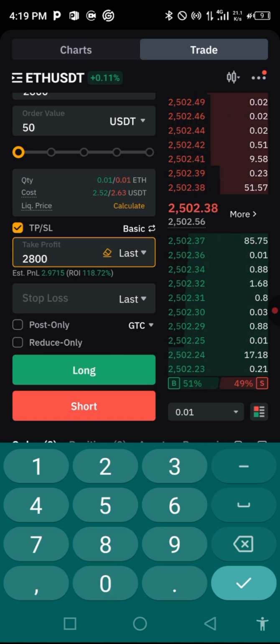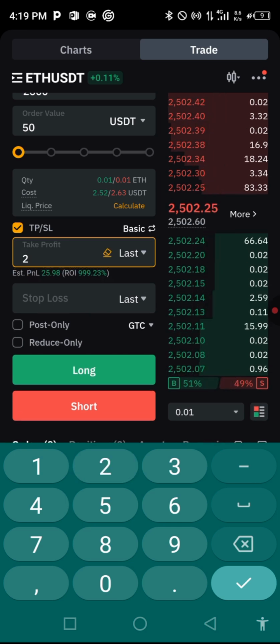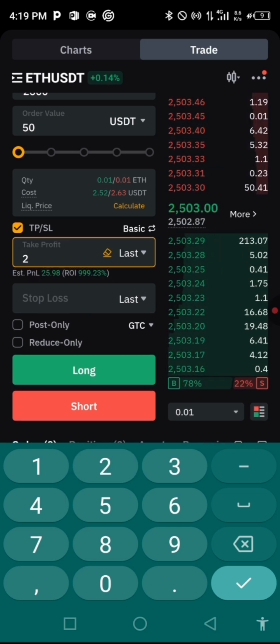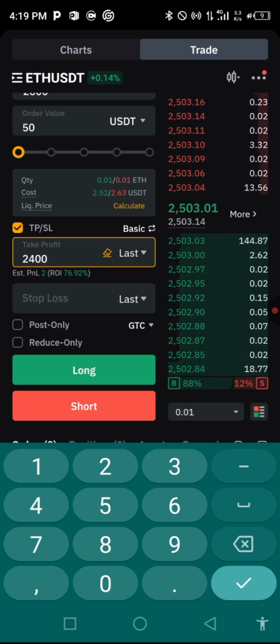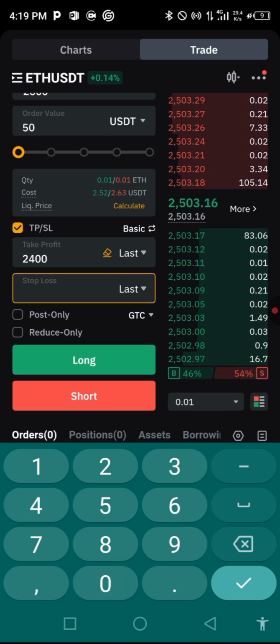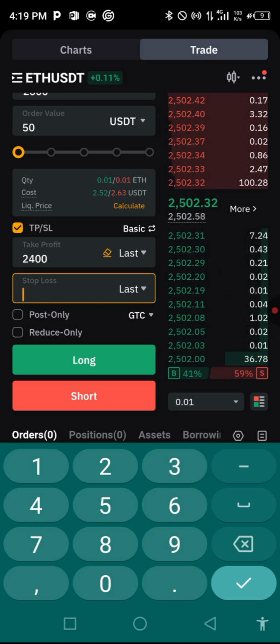Oh, sorry, that is take profit. Take profit should be, let me say, 2,400. I'm simply selling, so from 2,600, if it hits there and comes back down and gets to 2,400, I should be in profit, right?